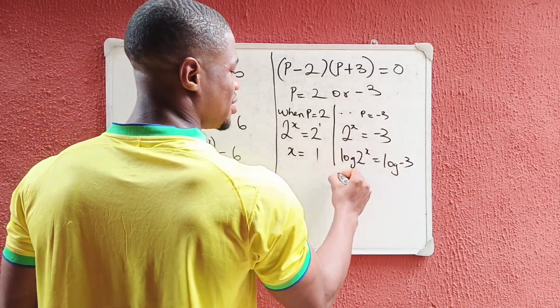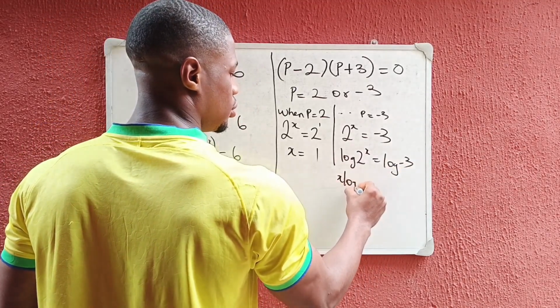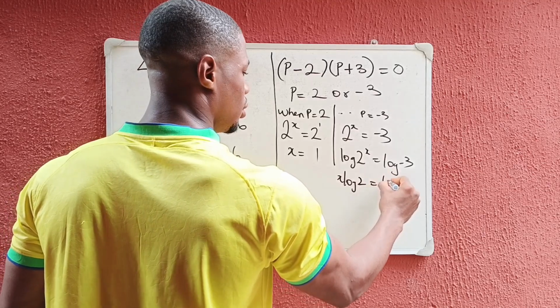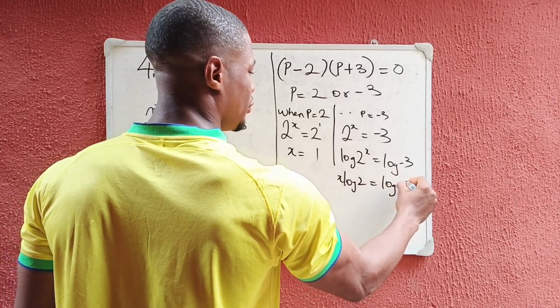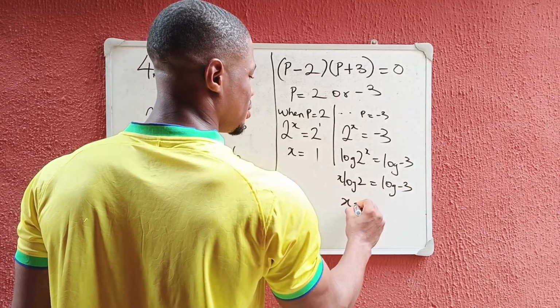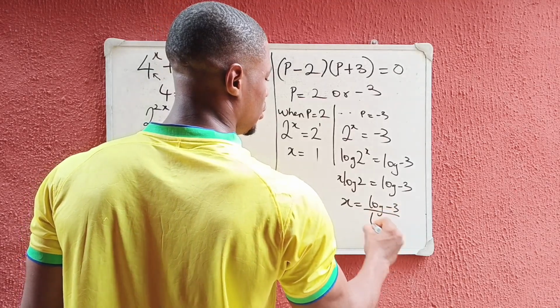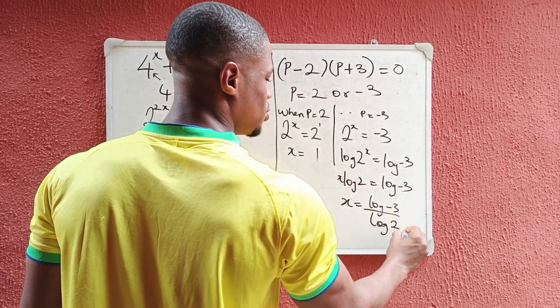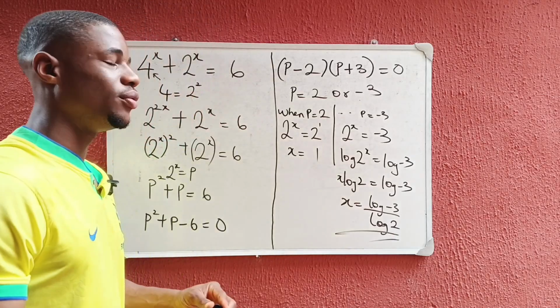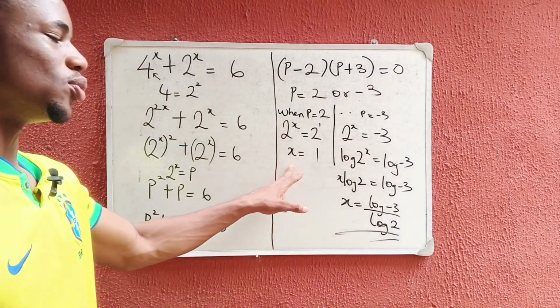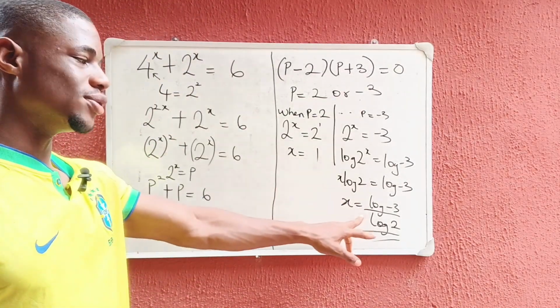And log of 2 raised to power x is x log 2 is equal to log of negative 3. Hence x is equal to log of negative 3 over log of 2. So it's either the answer is x is equal to 1 or x is equal to this.